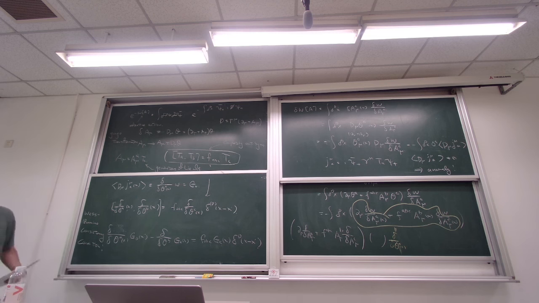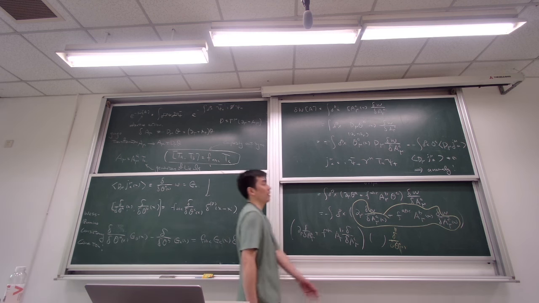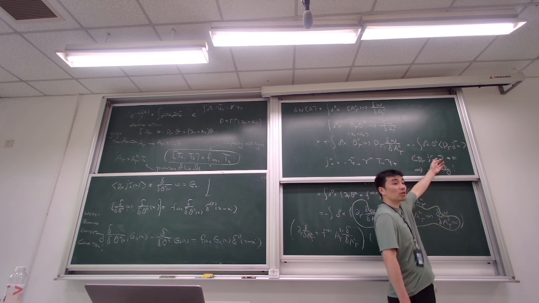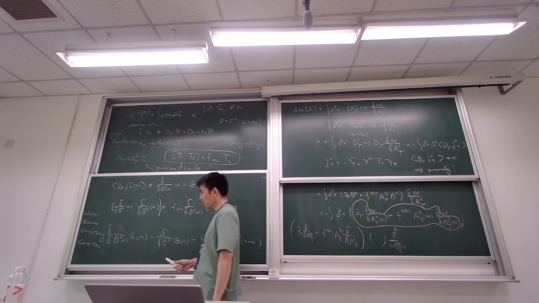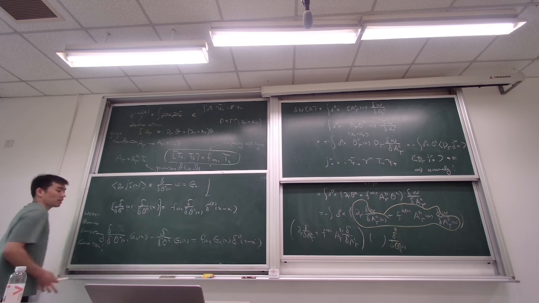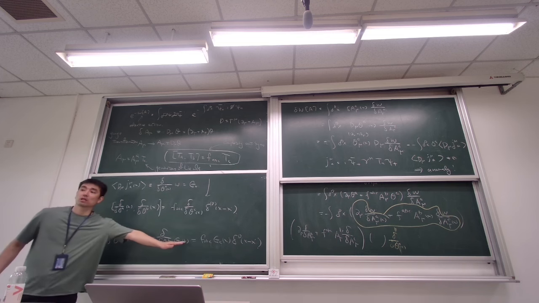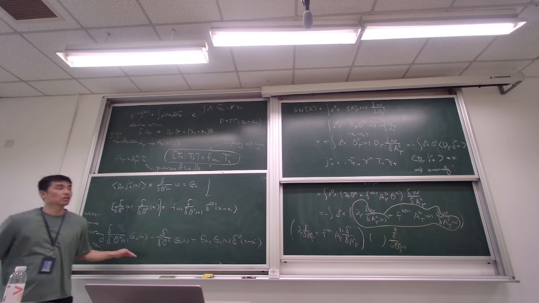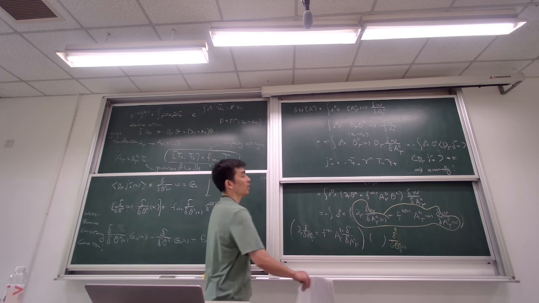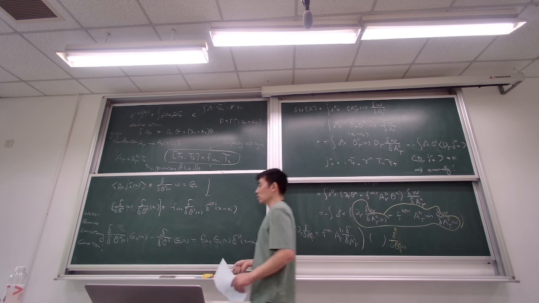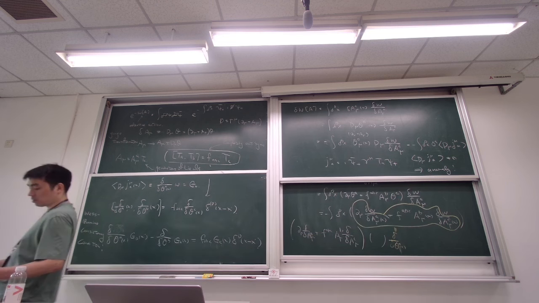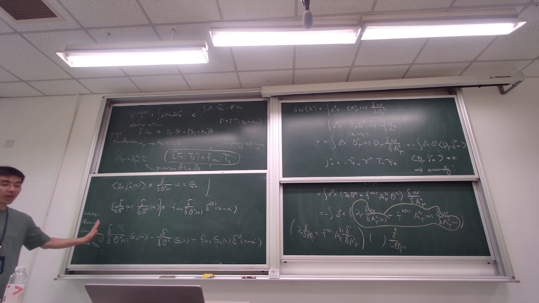So even if you have an anomaly that is non-zero, this is indeed equal to GA. This anomaly should satisfy some condition. So literally GA should satisfy this condition. This is called the consistency condition, and this consistency condition constrains the anomaly significantly.